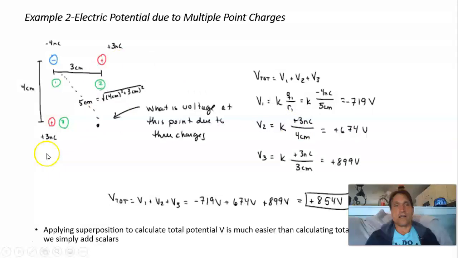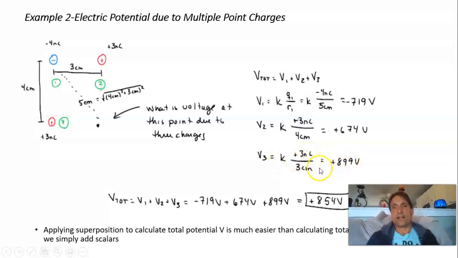And we can do the same for charge 3, located at the lower left corner. The distance from that charge to where we're evaluating the potential is 3 centimeters, which is 0.03 meters. This source charge has a magnitude of 3 nanocoulombs, which is 3 times 10 to the negative 9 coulombs, and K is 9.0 times 10 to the 9.